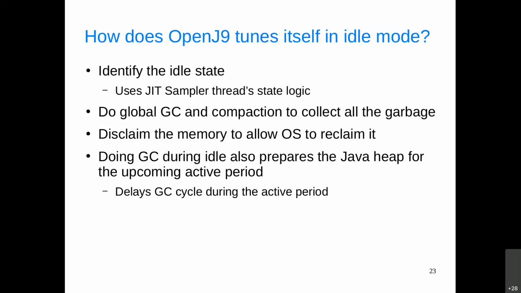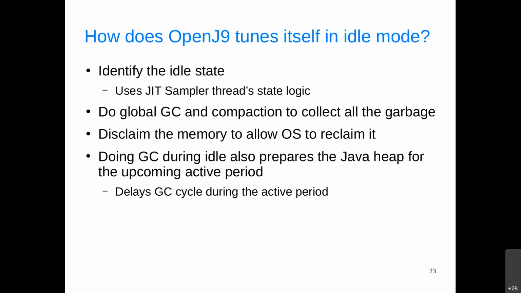Once OpenJ9 identifies that it has gone into idle state, it performs a garbage collection and compaction, so that it can get a contiguous block of free memory, which it can release back to the operating system. And this allows us to scale down or reduce our memory usage in the idle mode. Performing GC during the idle phase has another advantage: it prepares the Java heap for the upcoming active period.